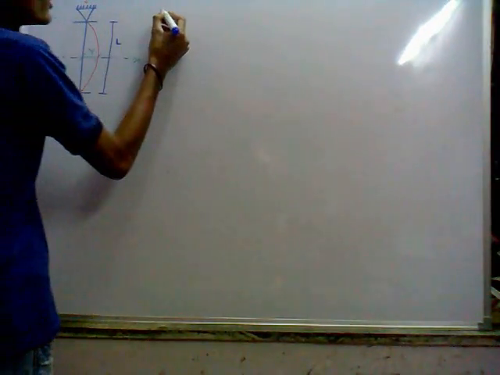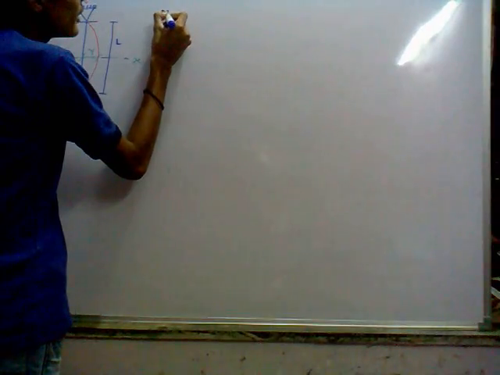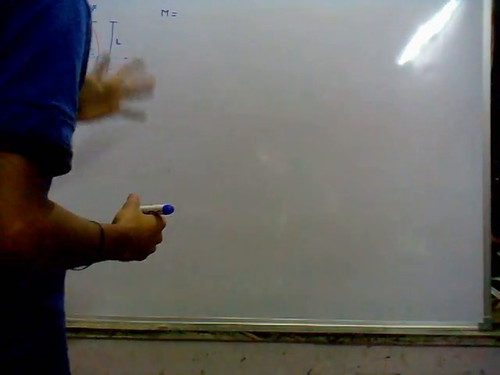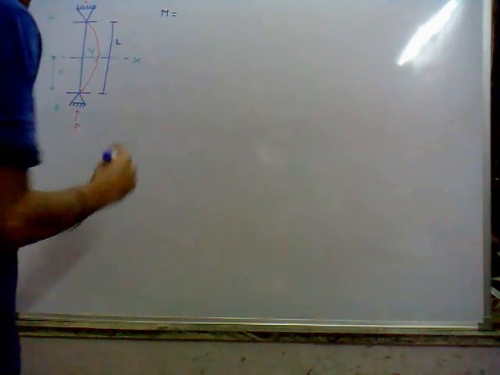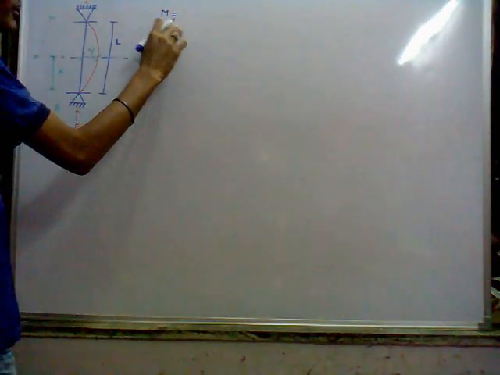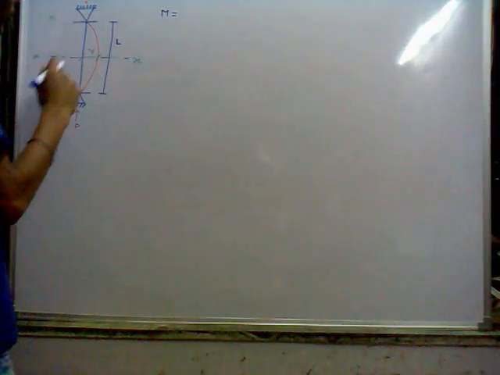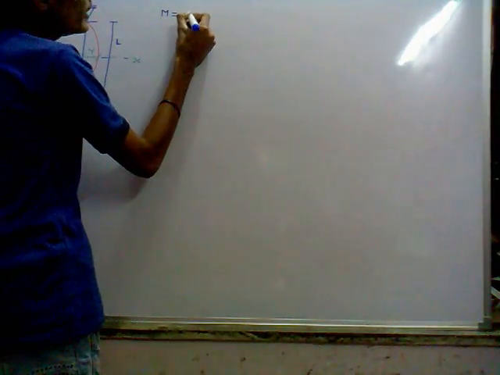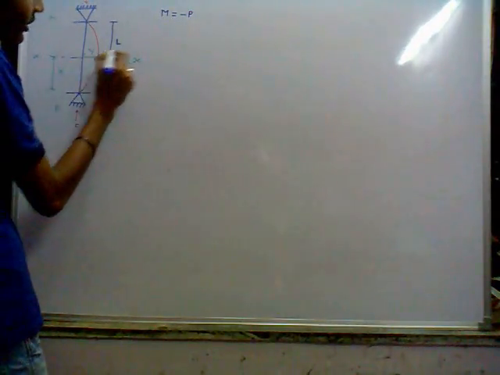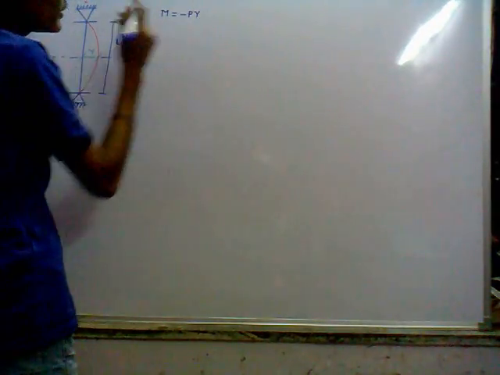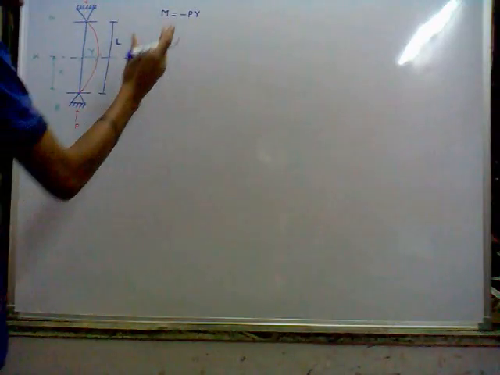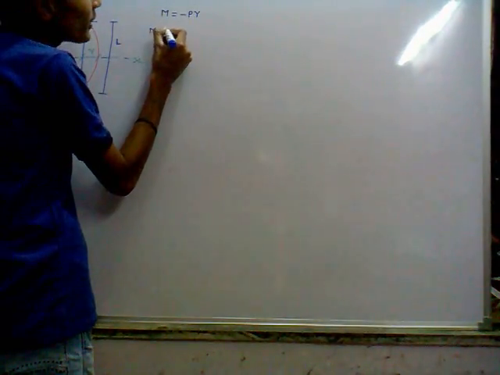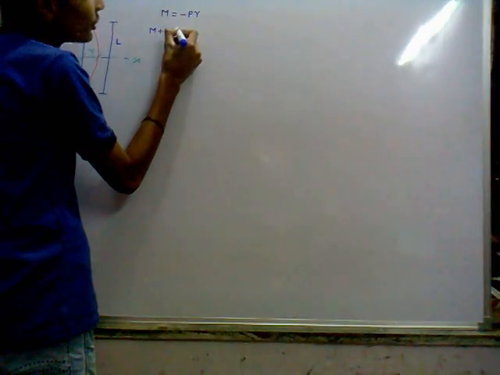So M equals P; this portion is anticlockwise, so it is minus P y. Now taking this to the other side, we get the equation M plus P y equals 0.